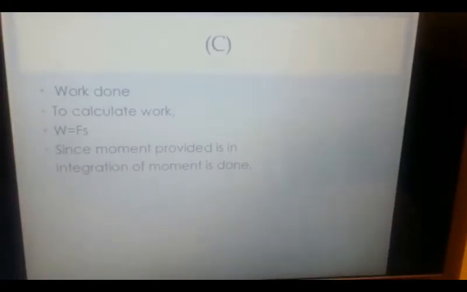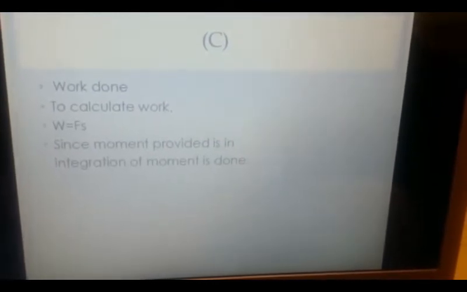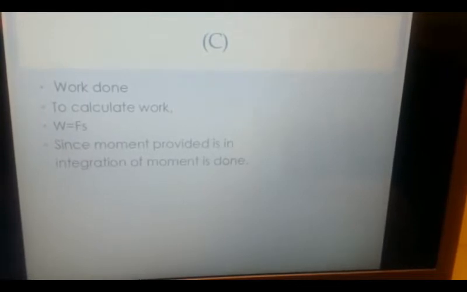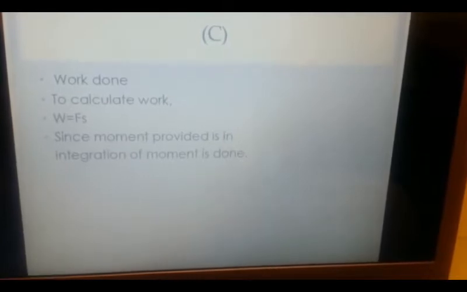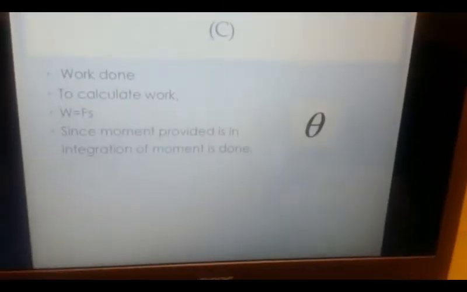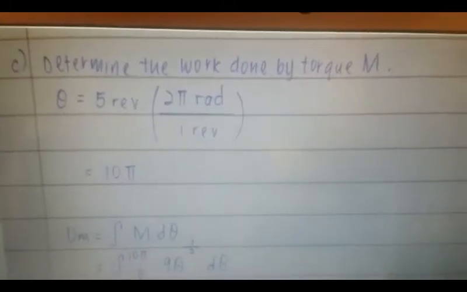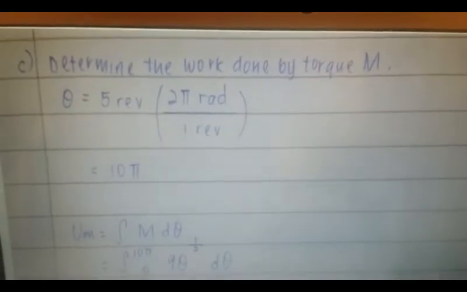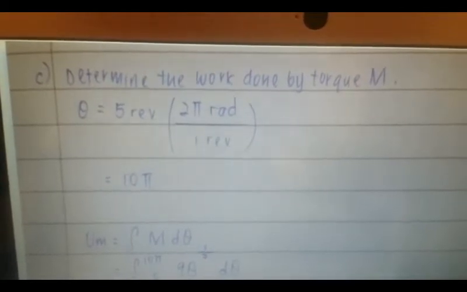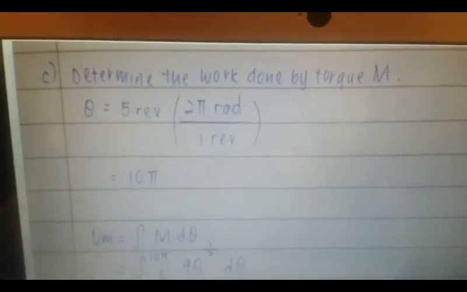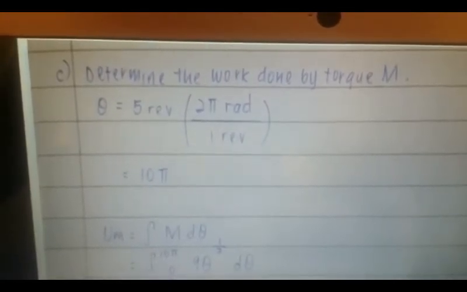Part C, the question is about the work done. To calculate work, we use the formula work equals force times displacement. Since the moment is provided, we use theta and integrate the moment. Part C, determine the work done by torque M. When a body rotates about a fixed axis, any point P in the body travels along a circular path, and the angular position of P is defined by theta.